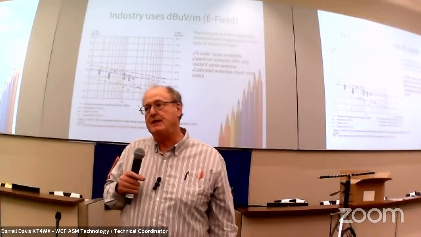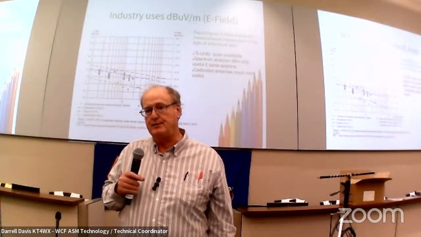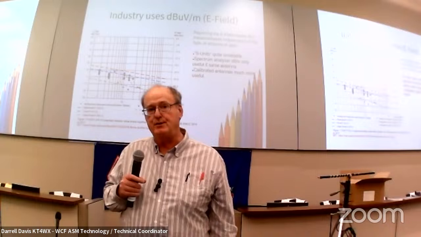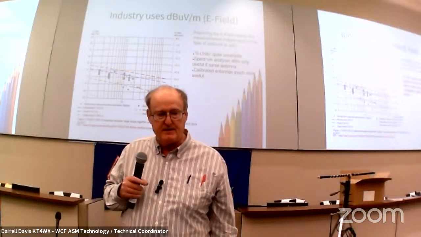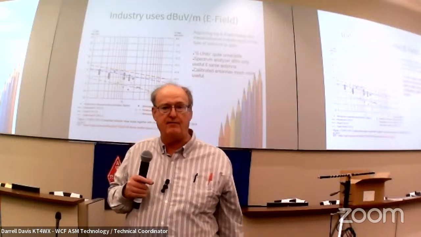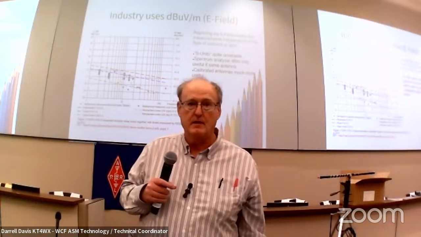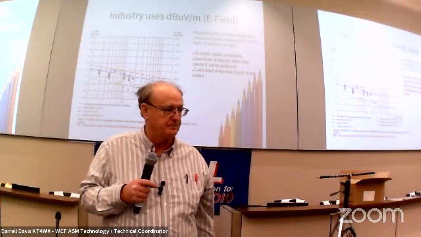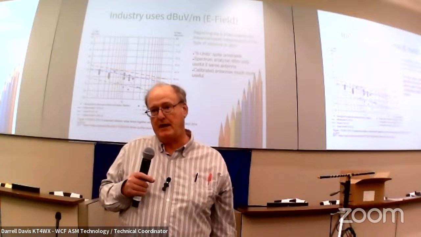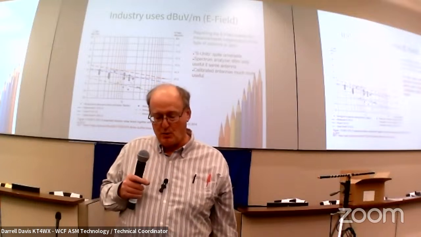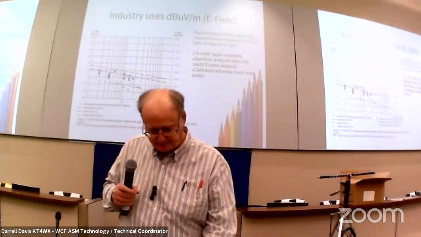So I can't present stuff to the builders of the new EOC in terms of S units. That's not going to be a professional term. And if I give them dBm off of a spectrum analyzer, it depends on what antenna was used. So I need to be able to use industry standard specifications of E field of noise coming off of equipment.